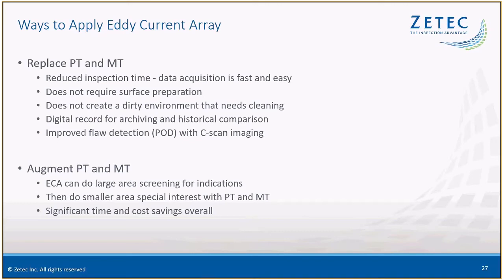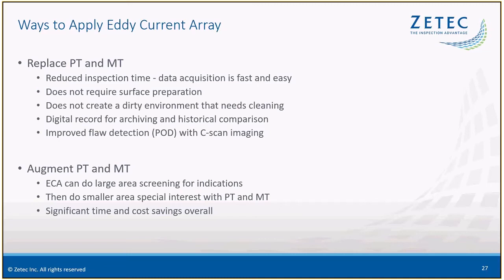Here you get very reduced inspection time, it does not require all the surface preparation, and you can get a digital record of that inspection that you can use for historical comparison later on. And you have that very high probability of detection using the C-scan imaging. So there are a lot of benefits to doing full replacement.